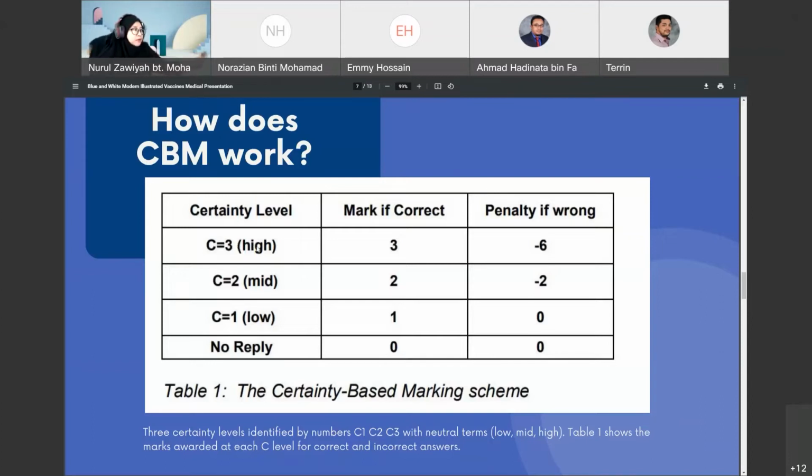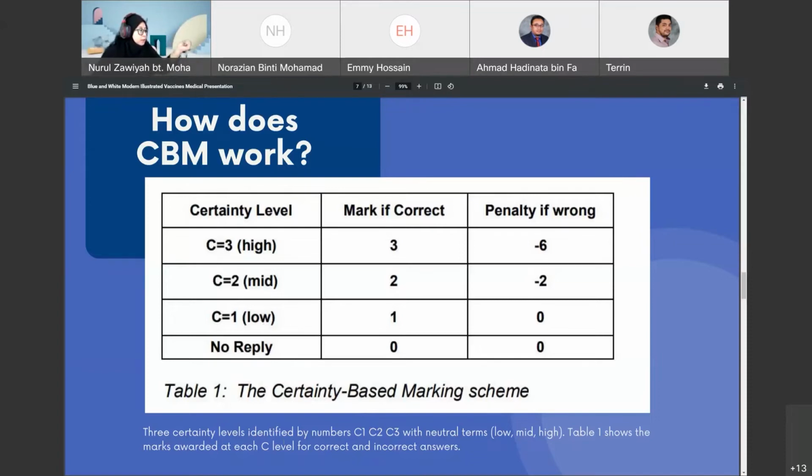And C3 is very confident on the answer. In eLEAP, I've checked, there's no option for no reply, so they only have these 3 certainty levels. So 3 certainty levels are identified by numbers C1, C2, C3 with neutral terms. The professor stated somewhere in his publication that they didn't want to use sure and unsure, because these terms mean very different things for many people. So they use these neutral terms: low, medium, and high.